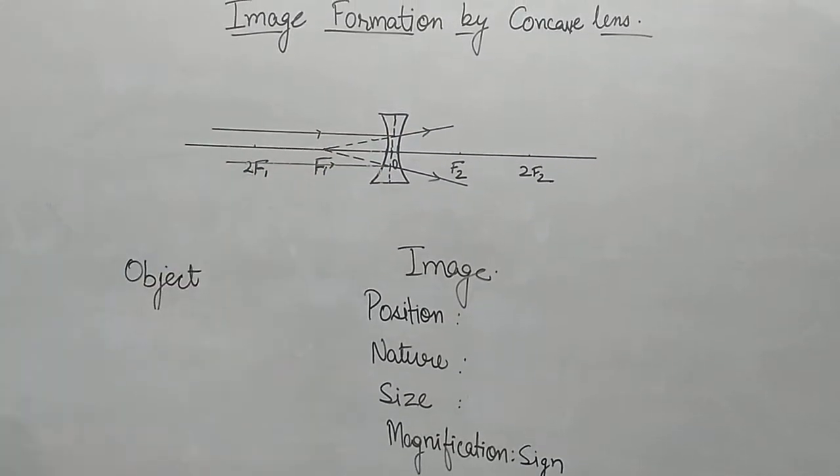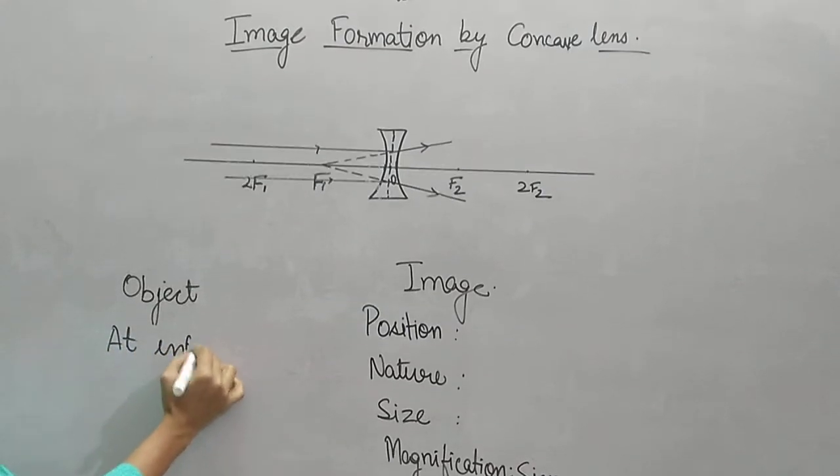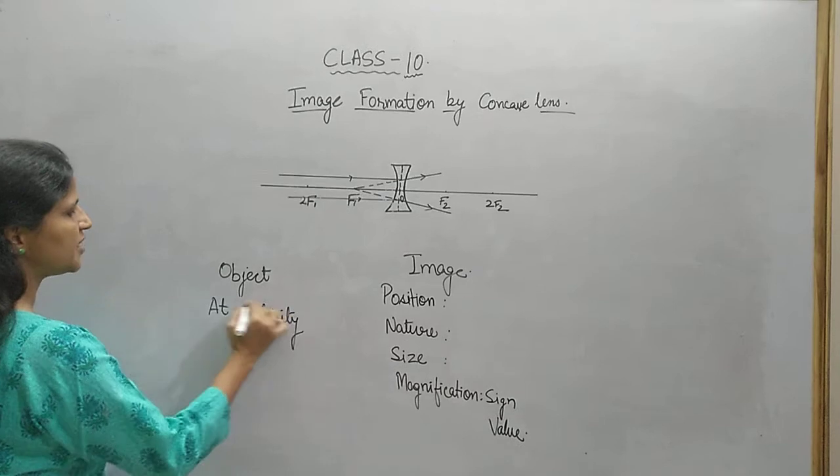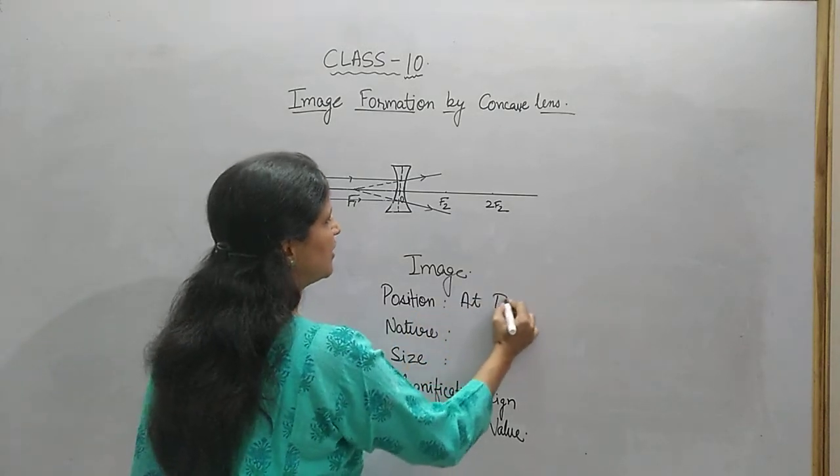So here, if the object is at infinity, the position of the image is at f1.